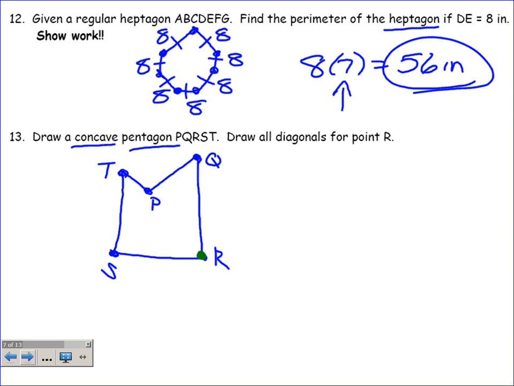So that's one of them, and that's one of them. Ideally, they're straight lines. There should be 2 of them. No matter what point, you'll get 2 diagonals for it. You can't connect Q because that's adjacent, the consecutive one. You can't connect S because that's consecutive as well.